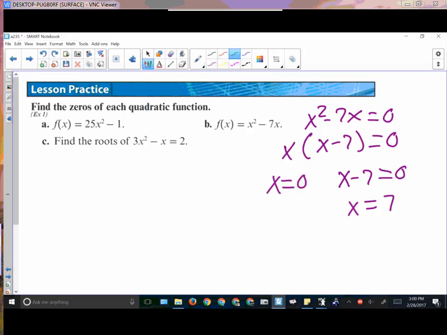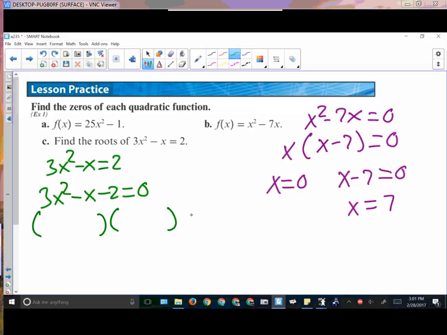Now, find the roots. We've got 3x squared minus x is equal to 2. Set it up for the zeros. 3x squared minus x minus 2 is equal to 0. Now, is this one going to be an ugly factor? Possibly. We know we got the parentheses. We know it's going to be equal to 0.